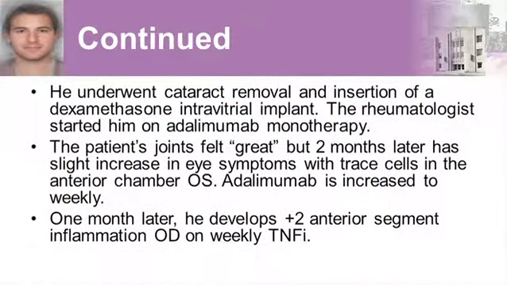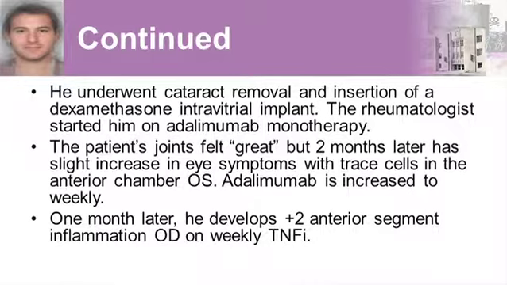So he underwent cataract removal, and he had an insertion of a dexamethasone intravitreal implant. The rheumatologist, who apparently knew nothing, according to Dr. Weisman, started adalimumab monotherapy, which the ophthalmologist was not totally opposed to because of this decade of relapsing disease. And amazingly, he felt pretty great on this adalimumab.